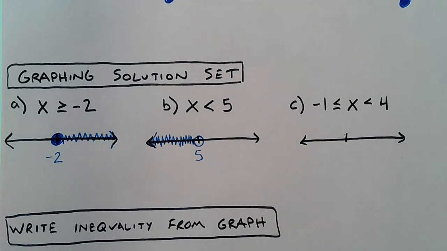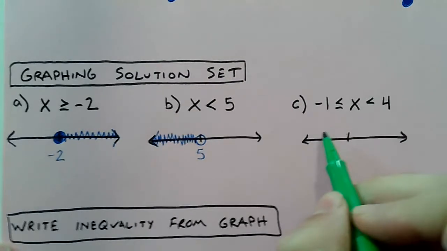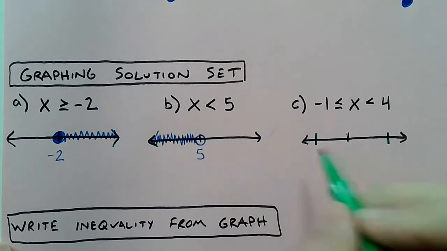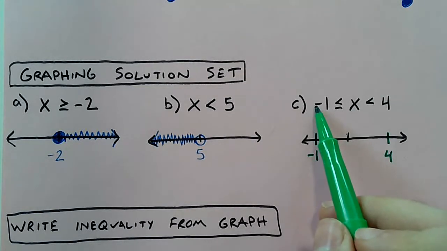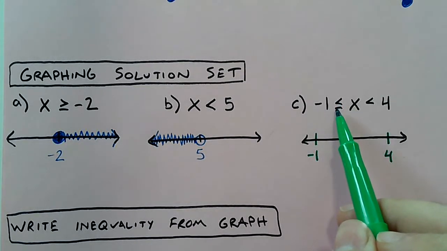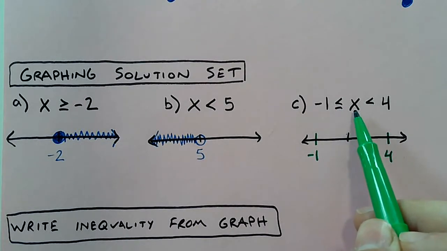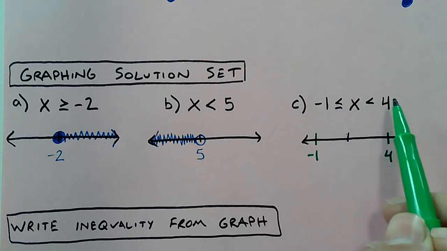In C, we have what's called a compound inequality. We've got two boundary points here, so I don't need the 1. I actually need 2. I'm going to put them at -1 and 4. Let's read this left to right: -1 is less than or equal to x, and x is less than 4.